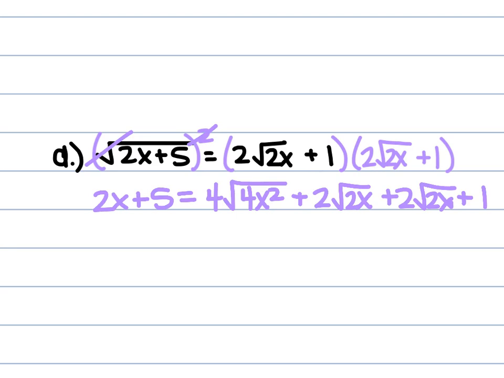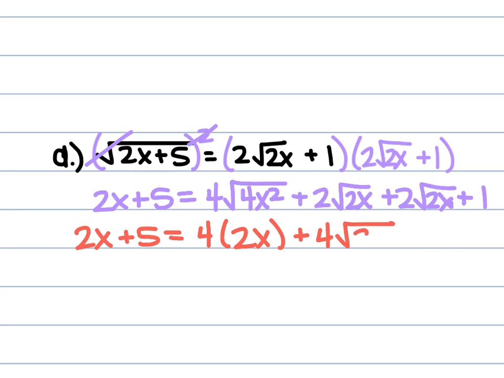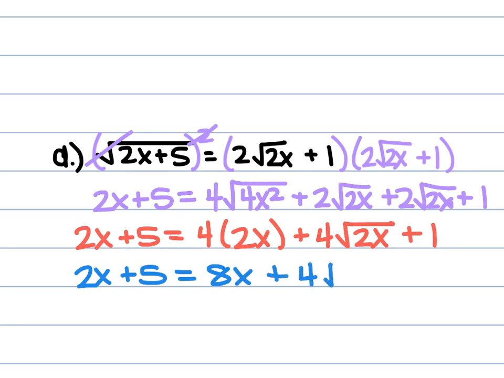So simplify this. 2x plus 5 is equal to 4 times 2x plus 4 square root 2x plus 1. 4 times 2x is 8x, so that's 2x plus 5 is equal to 8x plus 4 square root 2x plus 1.